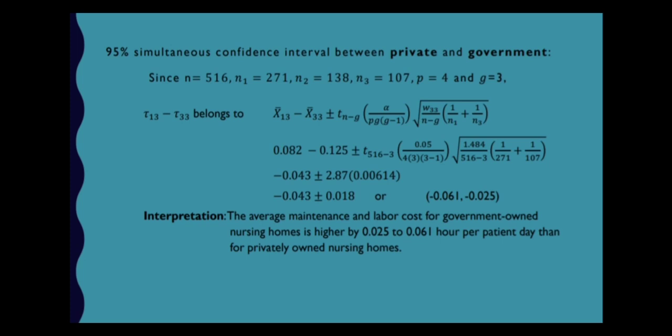Okay, so this confidence interval you boleh cari untuk population pertama dan population yang ketiga for third variable. Untuk third variable sahaja you boleh interpret.